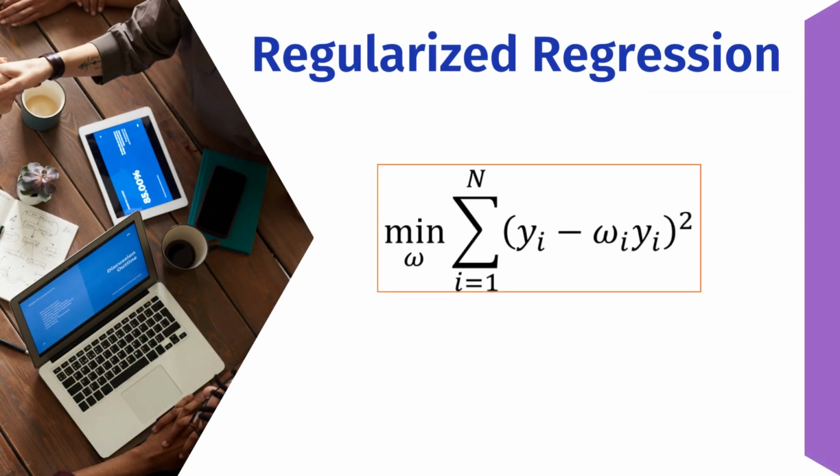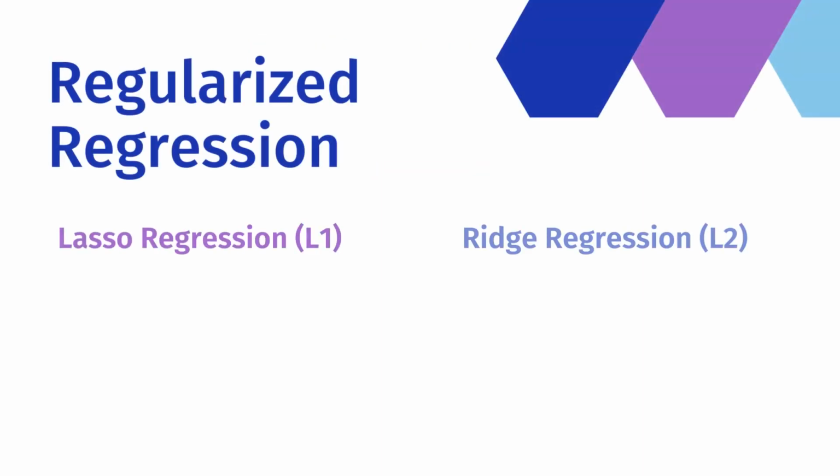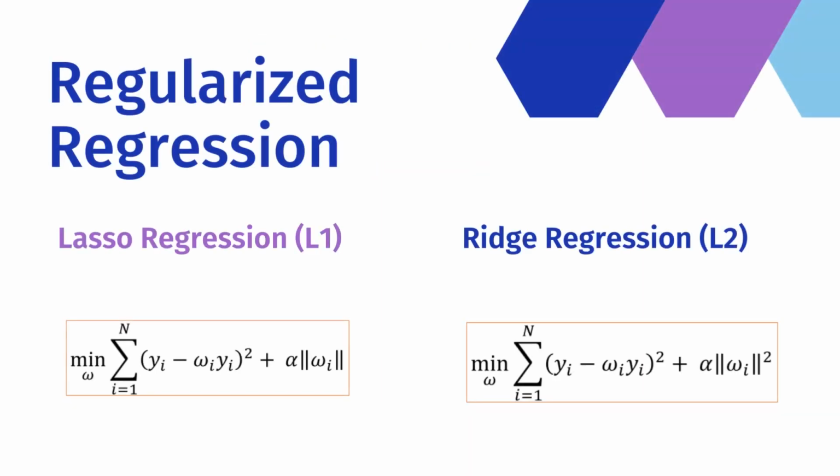But one known issue with the least square method is overfitting, where the model is fitted well to the training data set, but is not generalized enough to predict new data sets. To address this issue, regularized regression methods introduce a new term in the loss function to regularize the size of the coefficients.